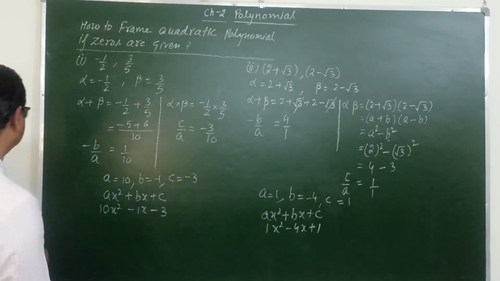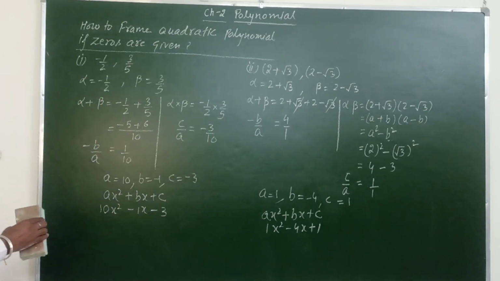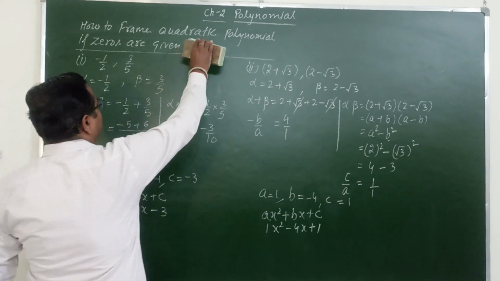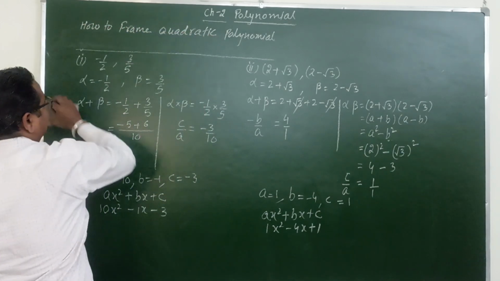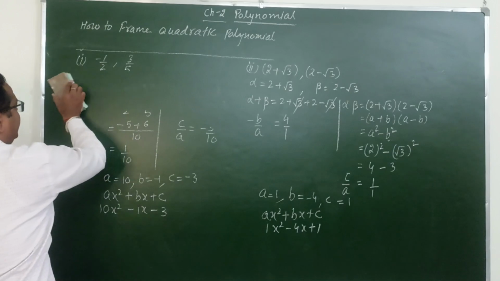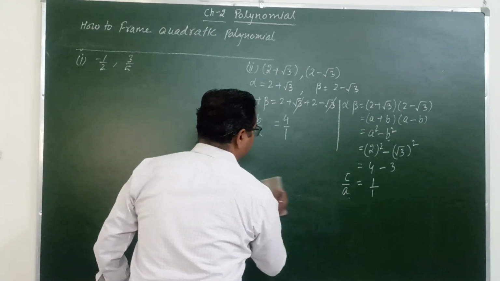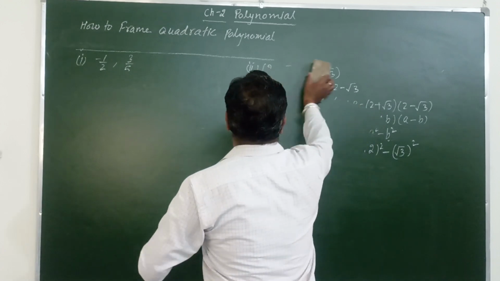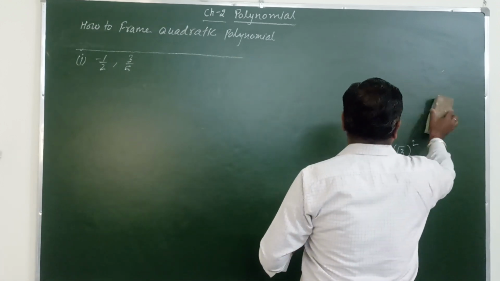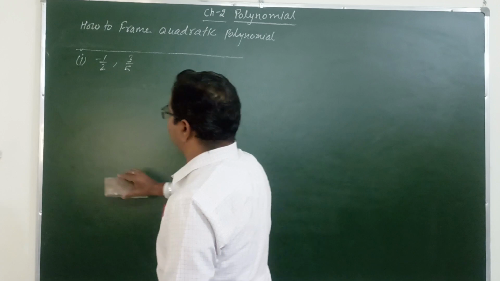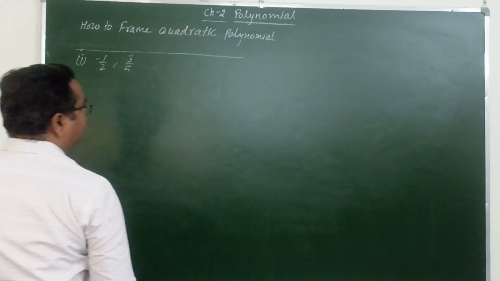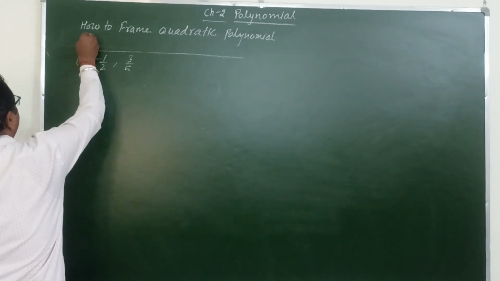Another type of question comes when we are directly given the sum of zeros and the product of zeros. When sum of zeros and product of zeros are given, then how can we frame the quadratic polynomial? So let's see one more example. If sum of zeros and product of zeros are given, how to frame the quadratic polynomial?